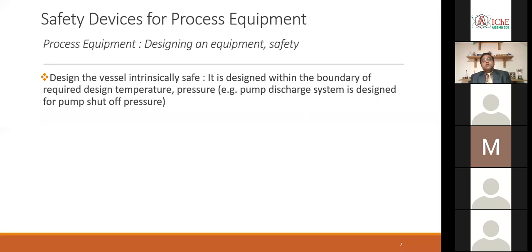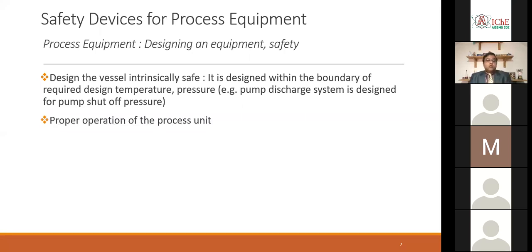It is the pressure which the pump can develop when its discharge route is closed. When we have blocked the discharge but still the pump is running, the maximum pressure that the pump can develop is called the pump shut-off pressure for a centrifugal pump. So if I design my entire pump downstream system for the pump shut-off pressure, I am absolutely safe. I don't need to worry about the pump operation.